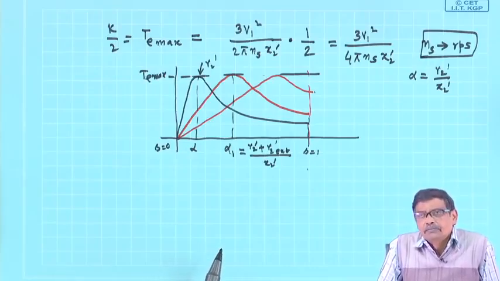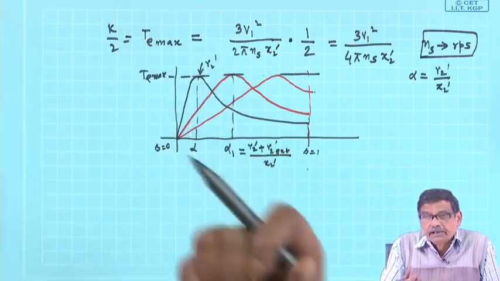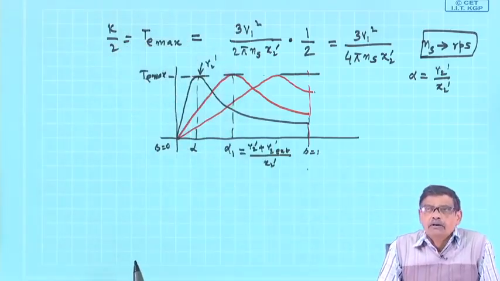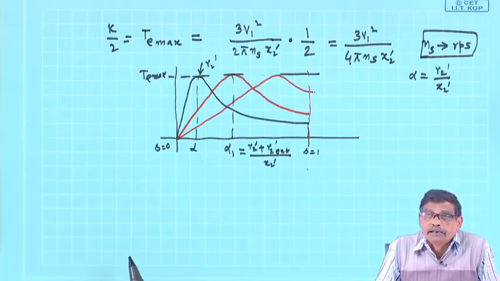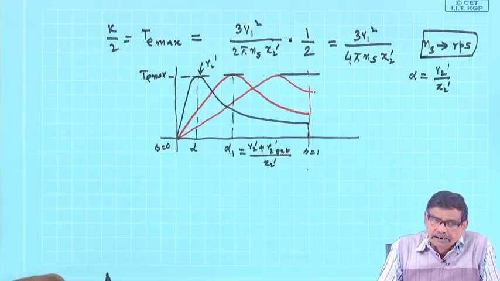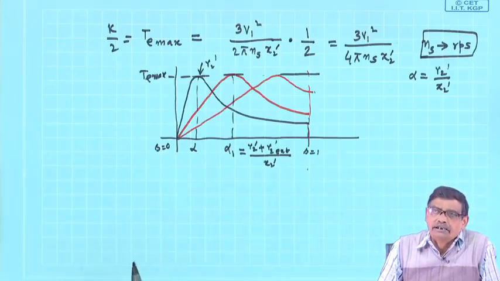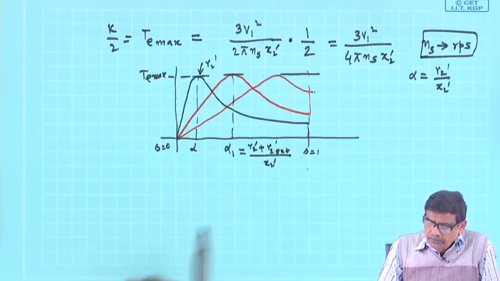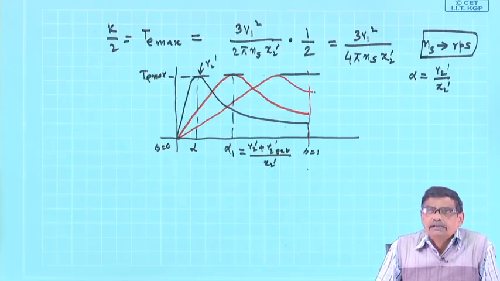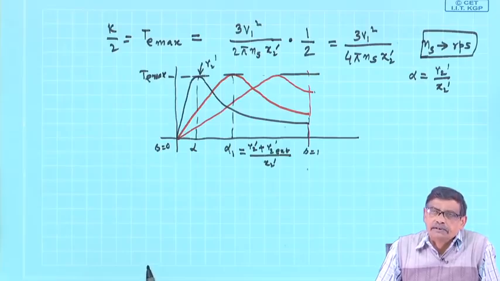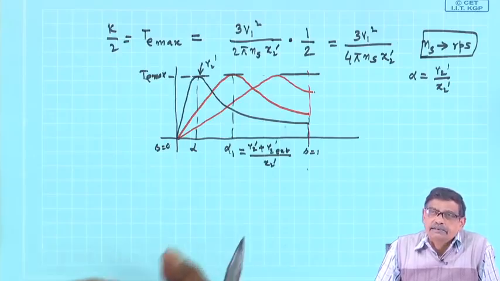What is the point of considering how much starting current the machine is going to draw when full supply voltage is applied across its terminal? To get the idea of that, it is only rotor impedance you consider, because R1 X1 is already small. Therefore, that will largely decide what will be the starting current drawn by the induction motor when full voltage is applied across it and machine is stationary.